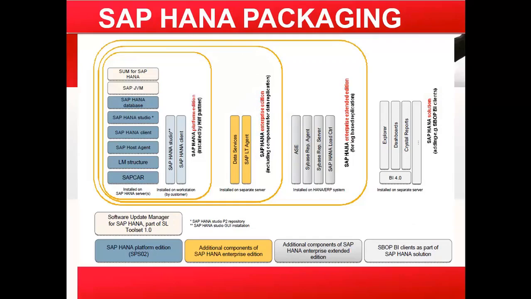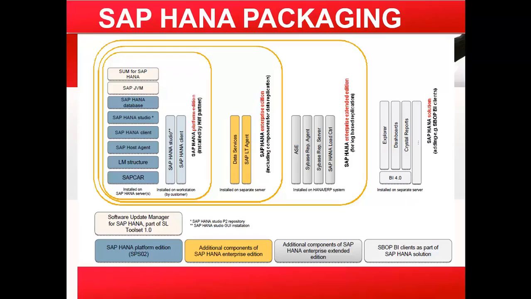In the next slide we are talking about the packaging, that is how different flavors of HANA are supplied by SAP. The primary flavor is the SAP HANA Platform Edition. At the extreme left side you can see the box showing the components for the platform edition.